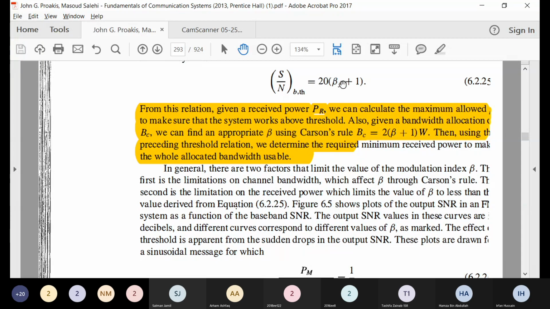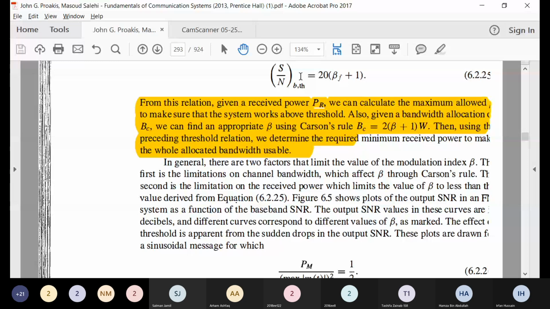One is this relationship, alright, there's a threshold, and then we have this relationship. So we have to take care that we are operating with respect to both. You will be choosing beta with respect to this, given BC and W, but you also have to make sure that for that beta which you have chosen, your signal to noise ratio at the baseband level is greater than this threshold. So you're doing certain examples, and I hope this subtle or difficult point becomes clear.